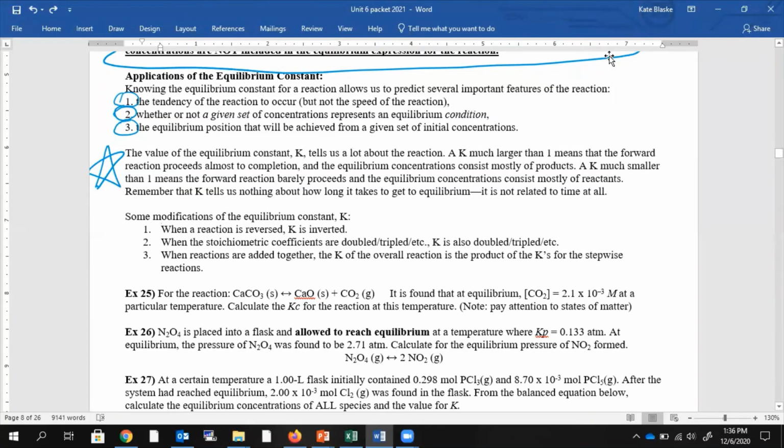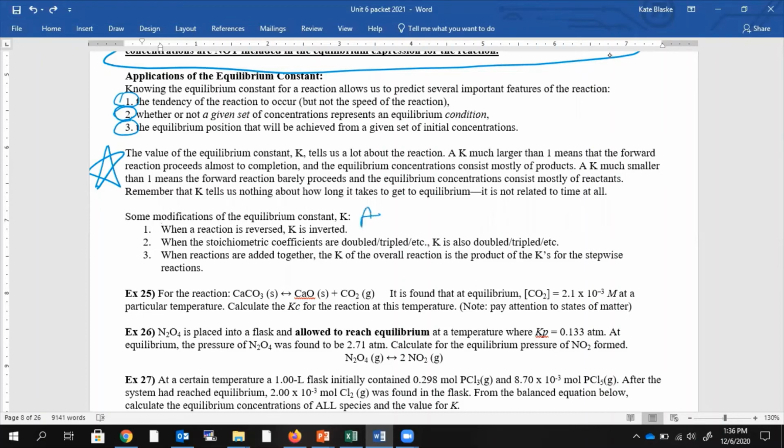We can use an initial equilibrium constant K for a balanced equation, and we can modify that balanced equation, which means we're also going to have to modify our K value. Basically, whatever we do to the balanced equation, we also need to do to the K value. If we wanted to talk about the reversed reaction, K is going to be inverted.